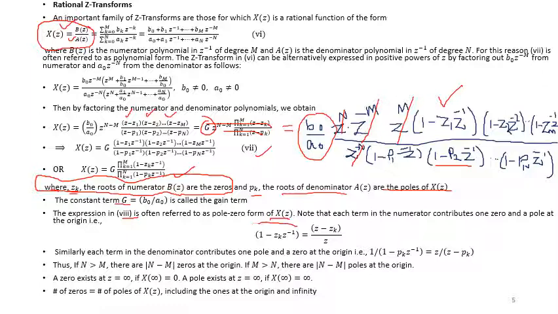So for example, this is any zero, 1 minus zk z inverse, so we can write it like this.